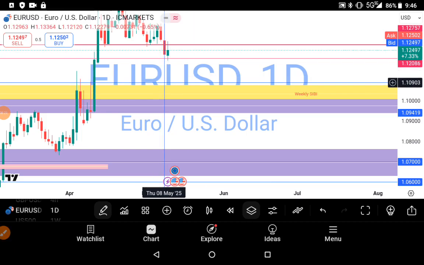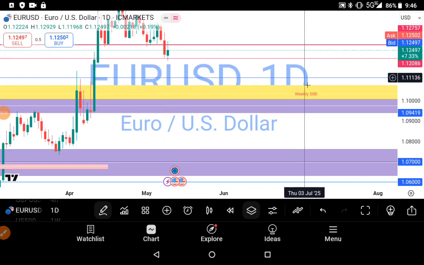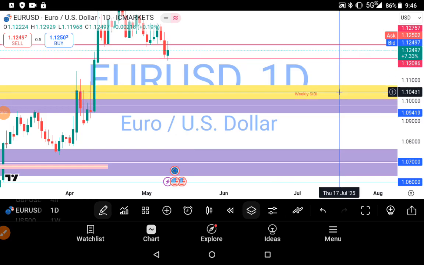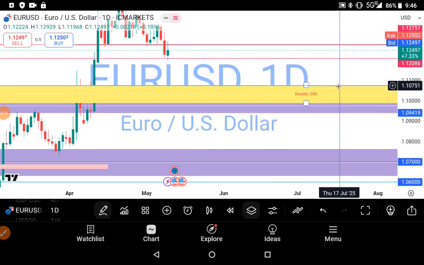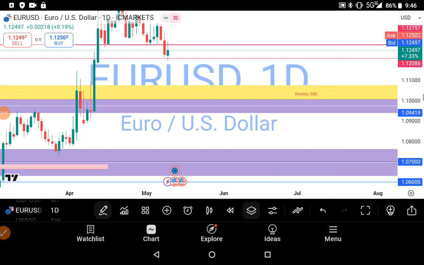So the level 1.12086 has been delivered. The next level I'll be expecting is 1.12086 to serve as the next resistance to the price on fiber. 1.12086 should serve as a resistance that will lead us into 1.11000.